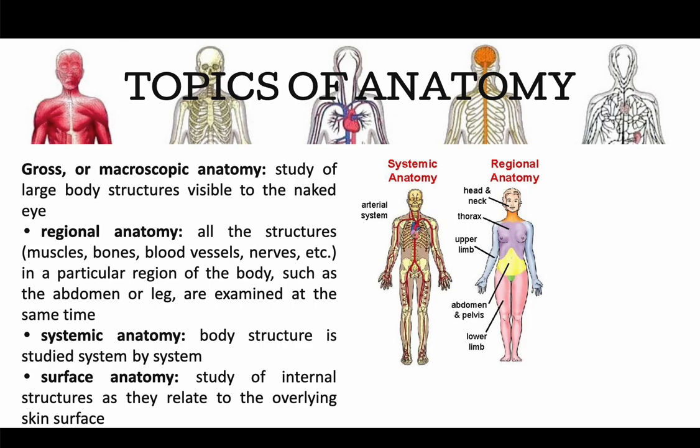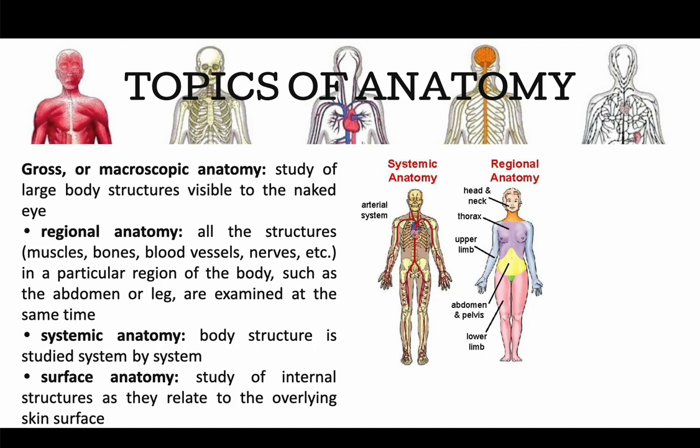That's your regional anatomy. While your systemic anatomy, body structure is studied system by system. So when you say system by system, we just study the circulatory system, or sabihin natin ang aaralin natin today is just endocrine system, or yung skeletal system ng buong katawan mo.